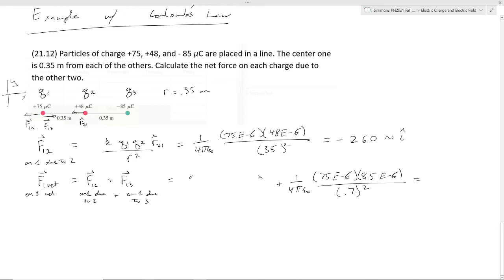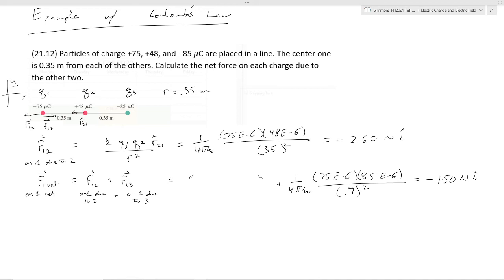When we compute this, we get negative 147, let's call it negative 150 newtons in the i hat direction. So this is a way of saying that this F13 was not as large as F12, but it was positive. You can see it sort of canceled out some of the negative F12.